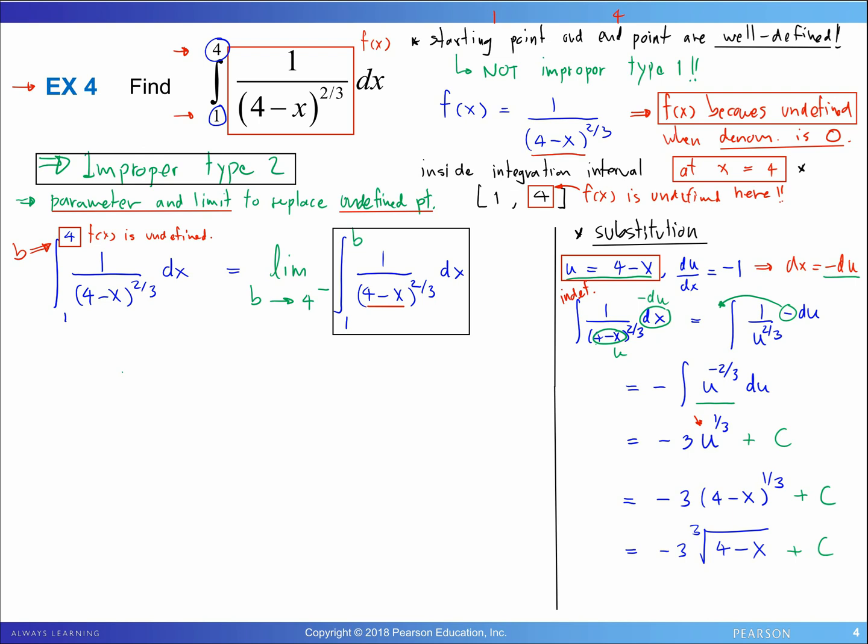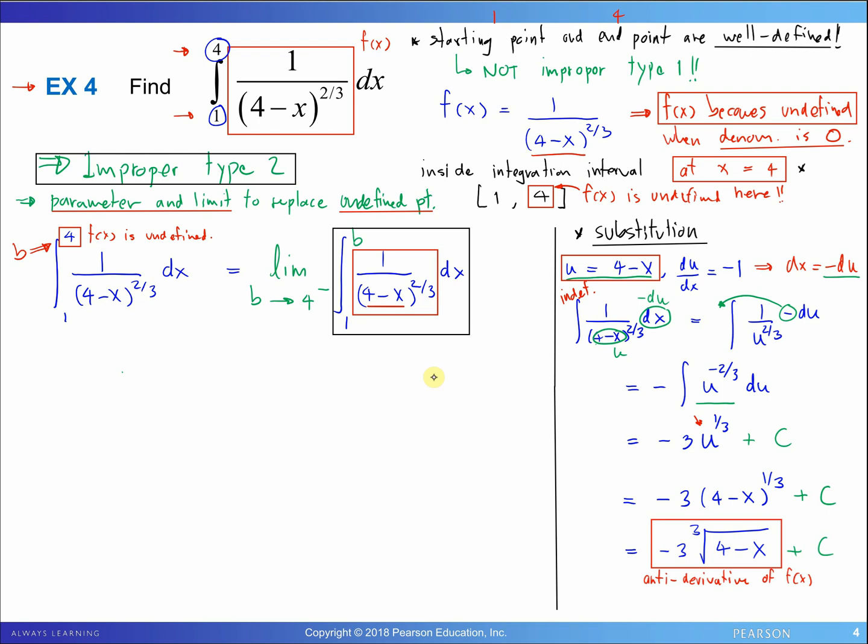Now let's move back to the left-hand side. At this point, we know that the antiderivative of this function is going to be equal to this term. So let's make a note right here that this is the antiderivative of f of x. So let's use it right away.